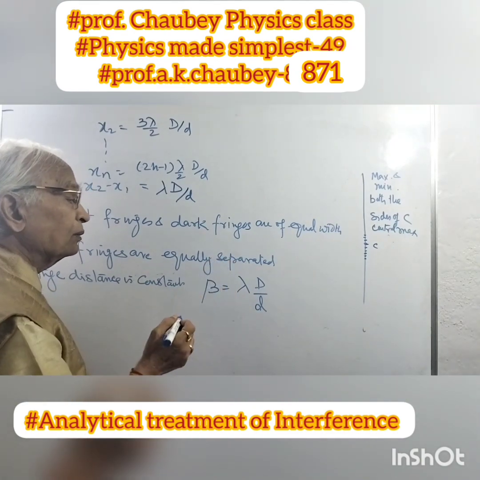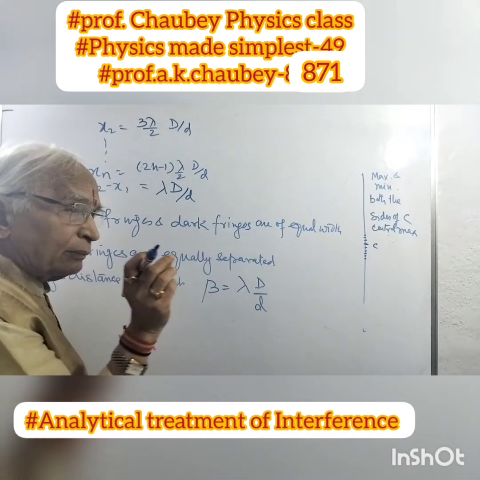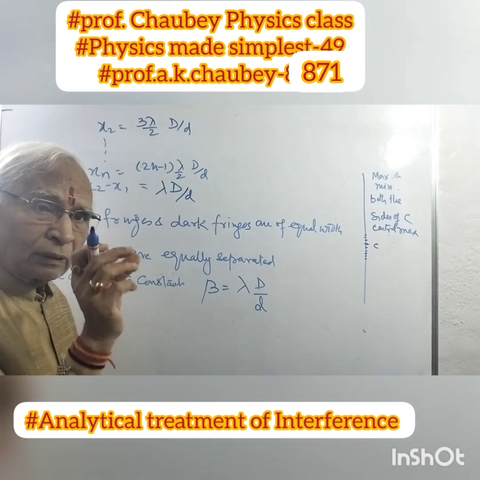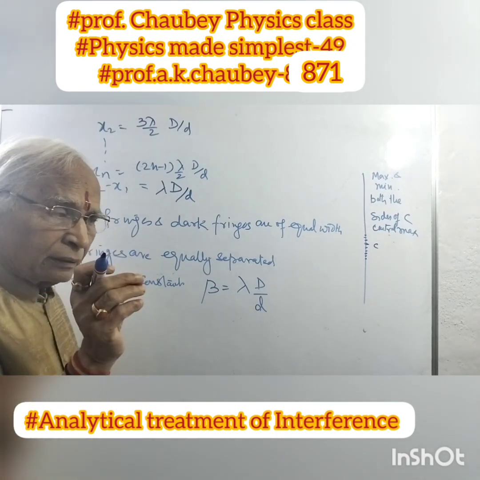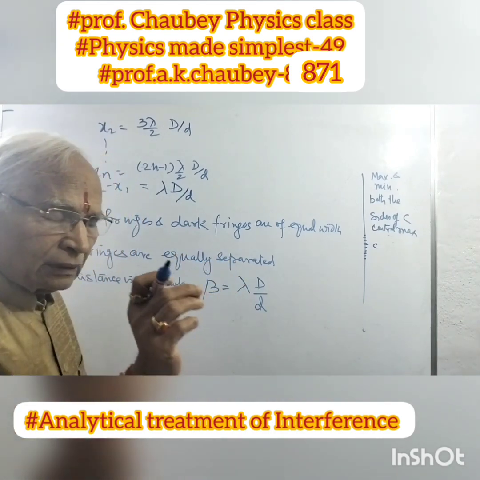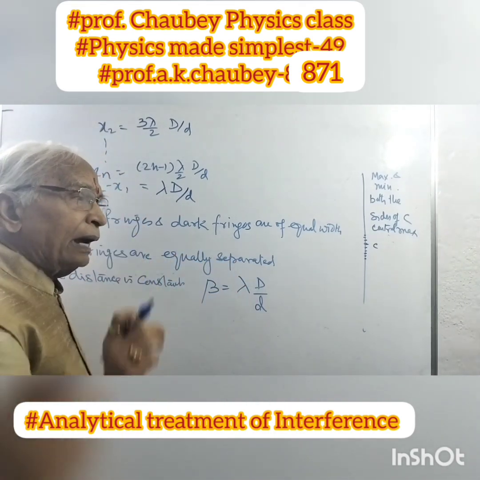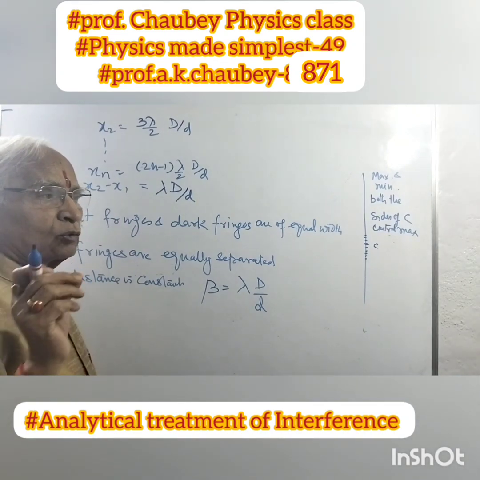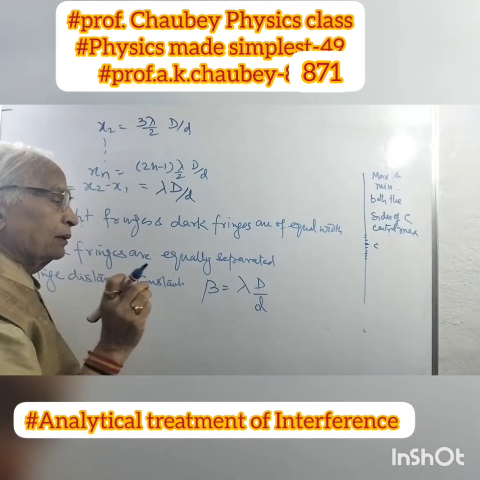And you can measure this beta by using some micrometer telescopic arrangement. You can put a microscope very close and get the distance between fringes. Using a small eyepiece, not even a microscope, you can read the distance.